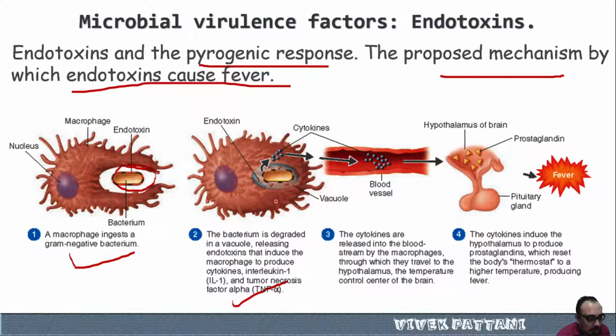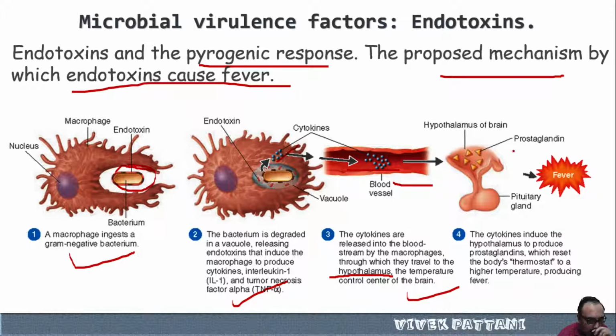That induces the macrophage to produce cytokines, interleukin 1, as well as tumor necrosis factor alpha. These cytokines are released in the bloodstream by macrophages, through which they travel to the hypothalamus, the temperature control center of the brain.